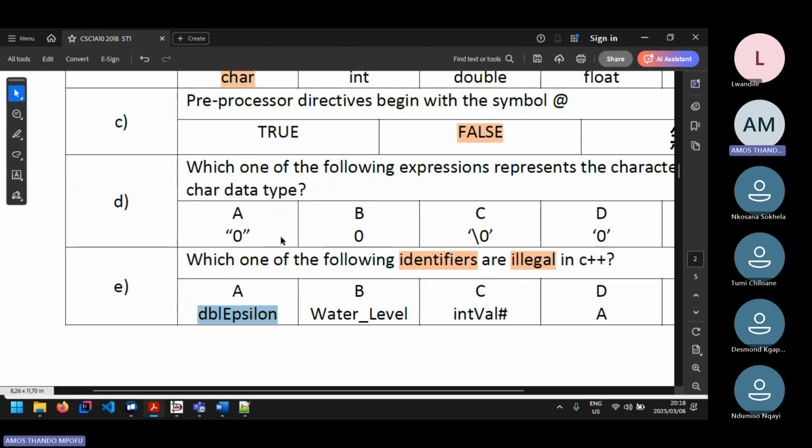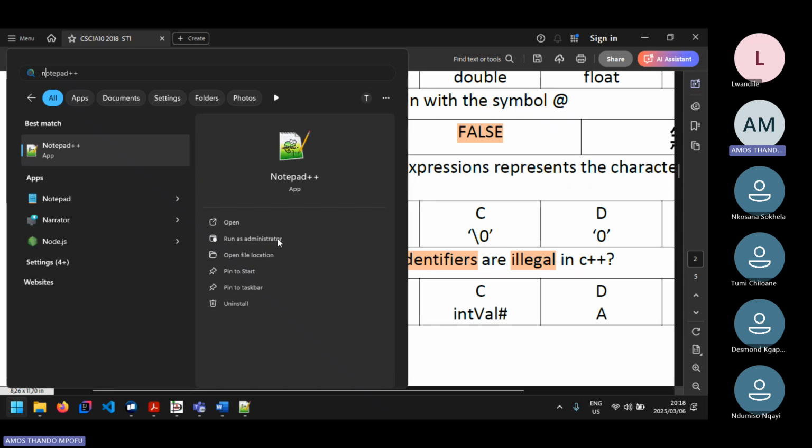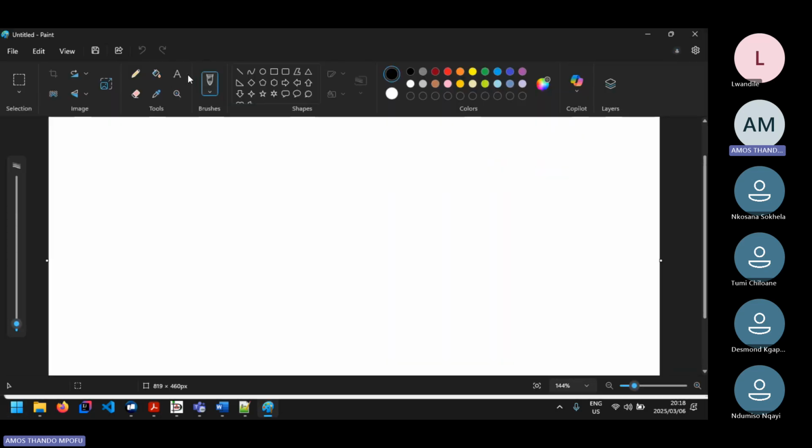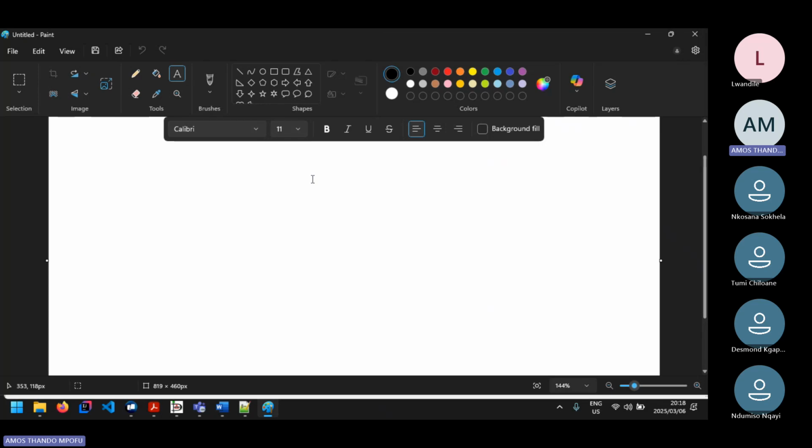So if I copy this and open Paint, let me undo. Okay, they named it DB epsilon.